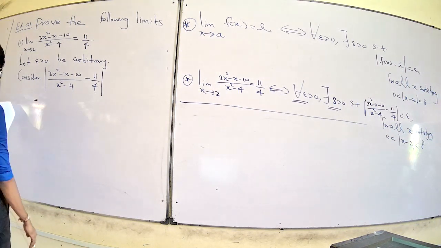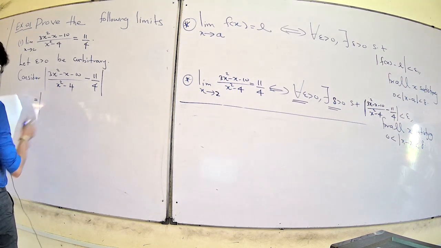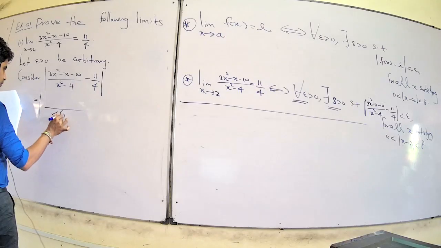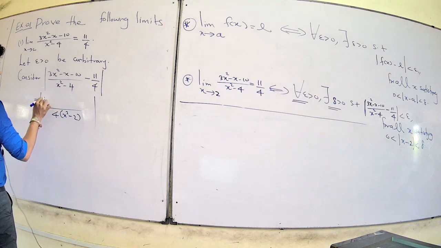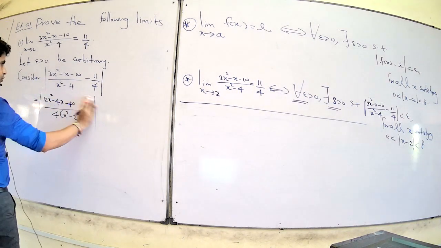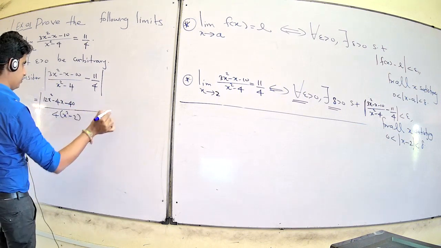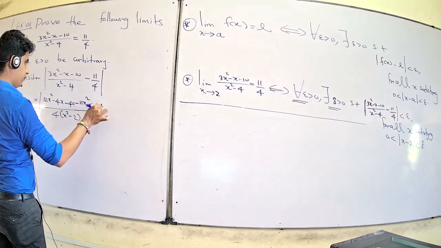Now, the common denominator is 4 times (x squared minus 4). Similarly, 12 x squared minus 4x minus 40, minus 11 x squared minus 44.